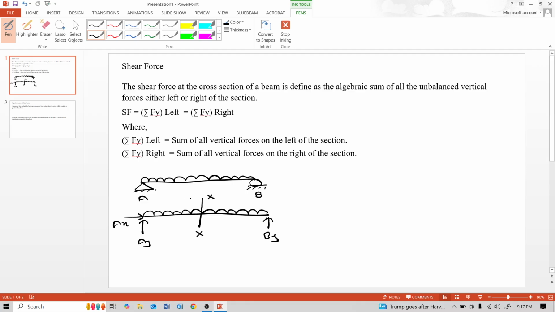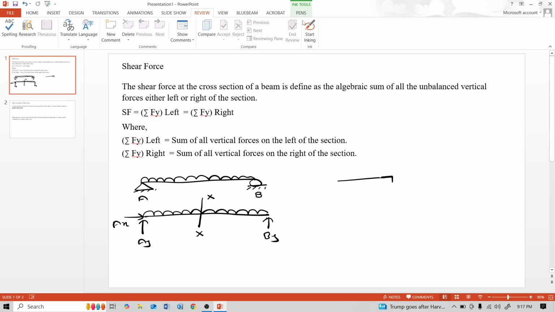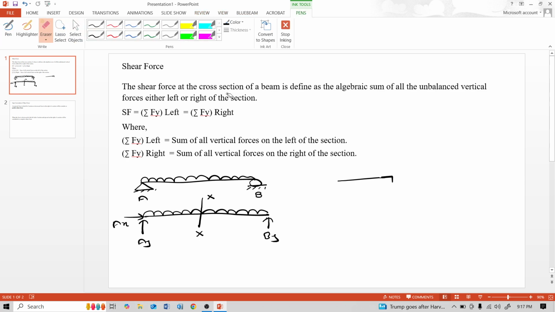This is the XX cross section, see here, and up to this XX cross section the distance is x.